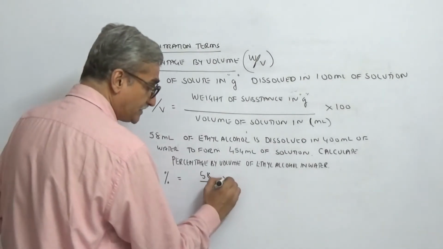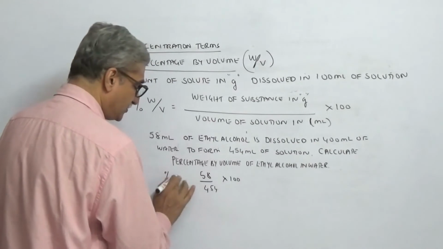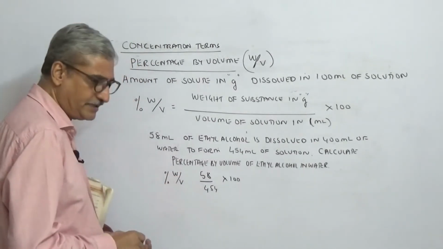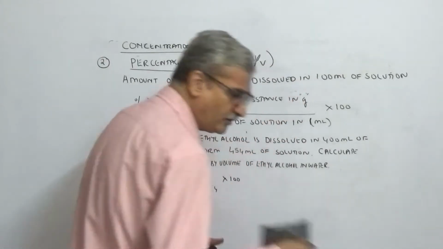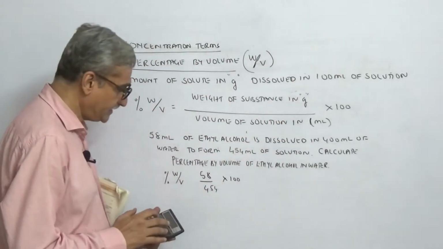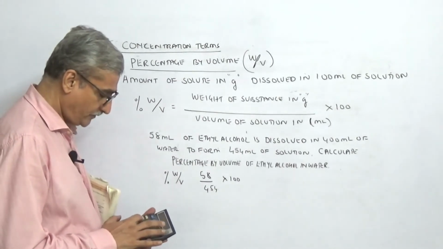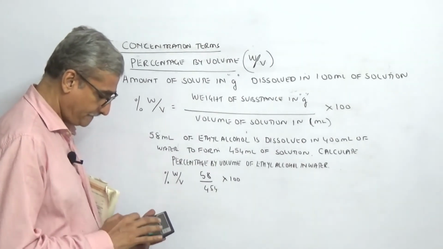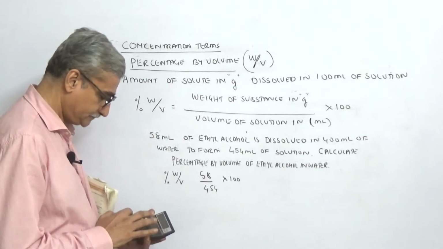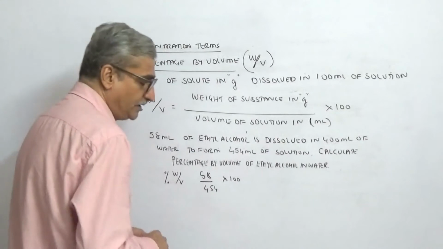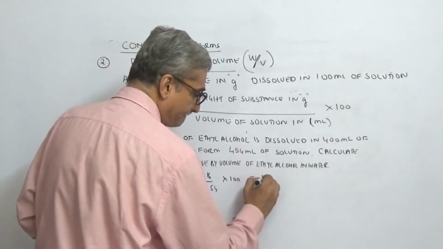And if you want to find percentage, what will you do? Multiply by 100. So percentage weight by volume, how much will it be? 58 divided by 454 into 100. So that will be 12.77%.